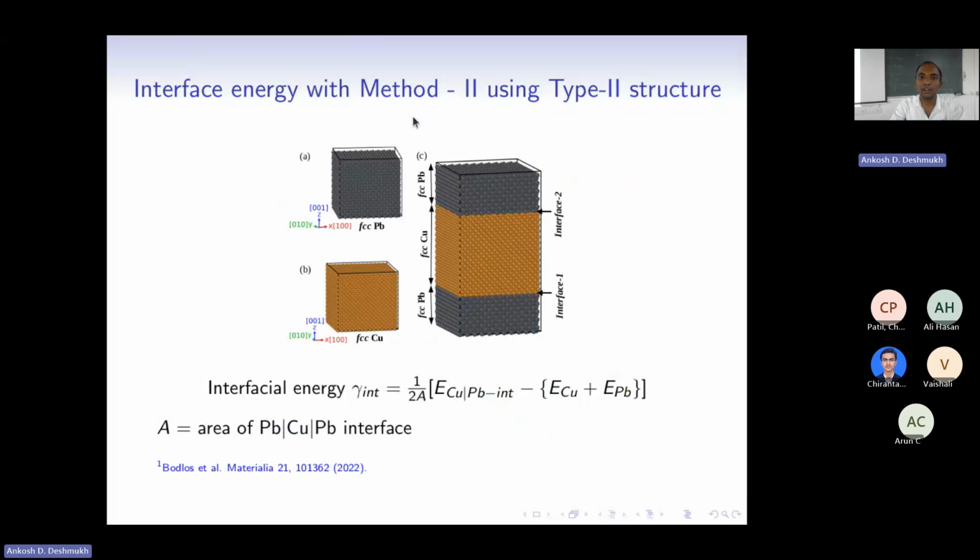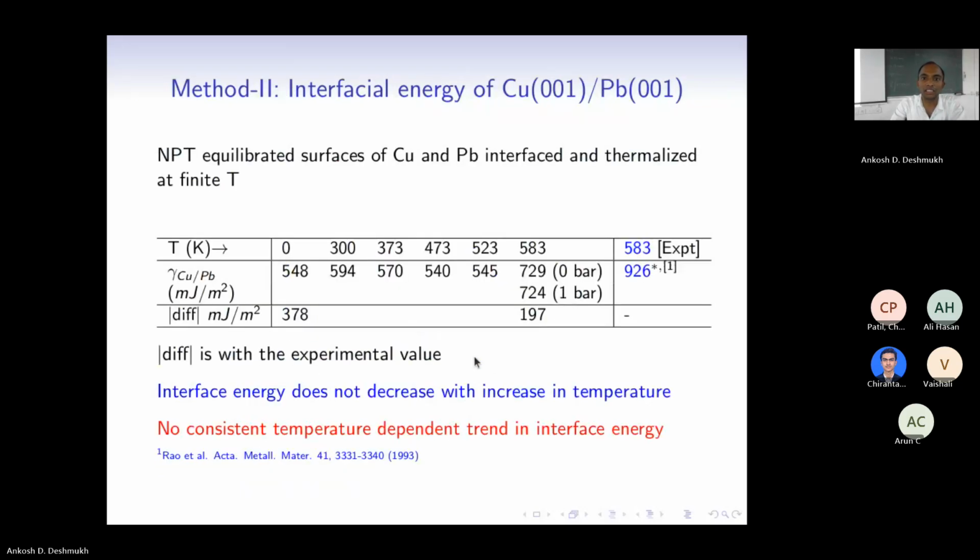I calculated the interface energy using methodology 2 and type 2 structure. Here the interface structure is periodic in all directions, and using that methodology I got the interfacial energy.